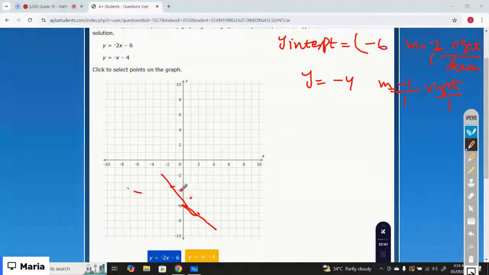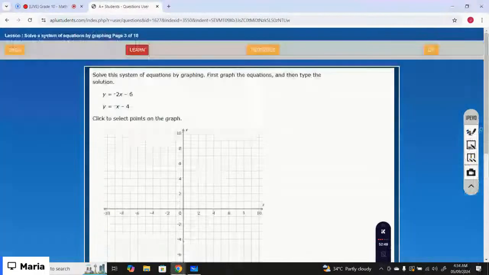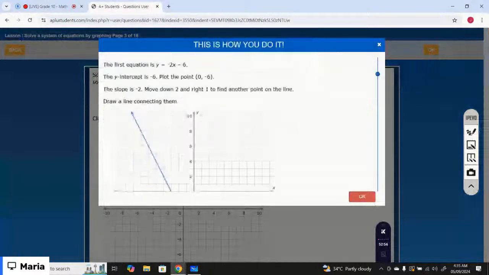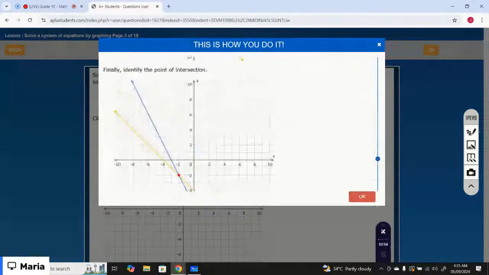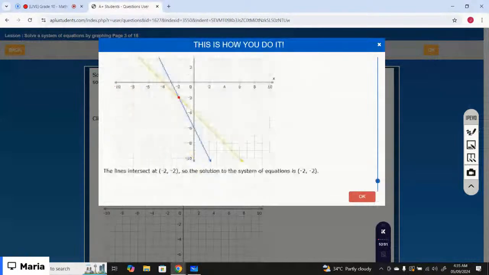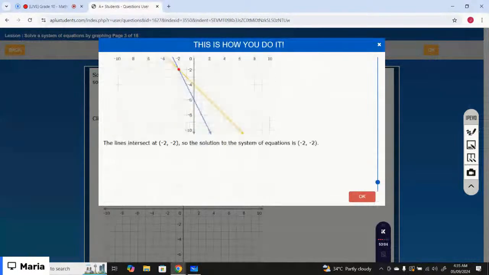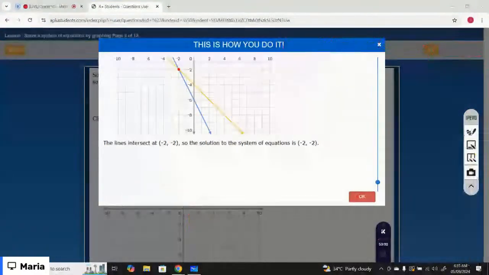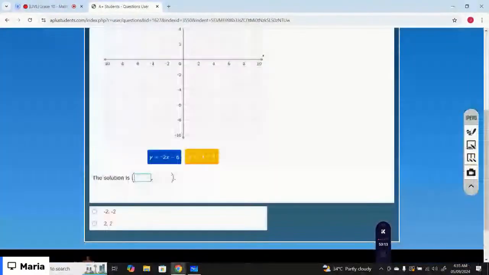I don't know why I cannot make straight lines on the board, so let's just see the solution. The point of intersection is at negative 2 and negative 2, right? The correct option is negative 2 and negative 2. Option number 1 is the correct option, right?